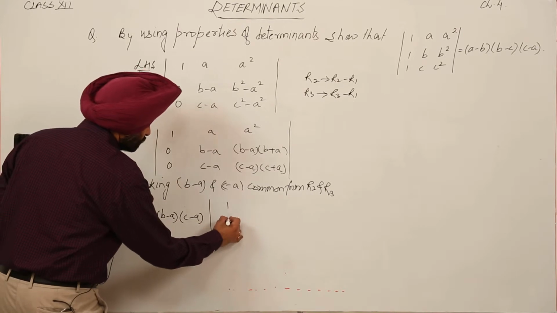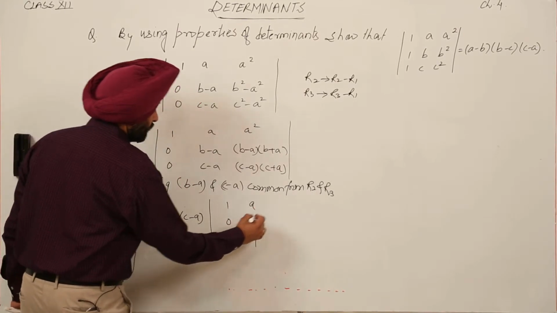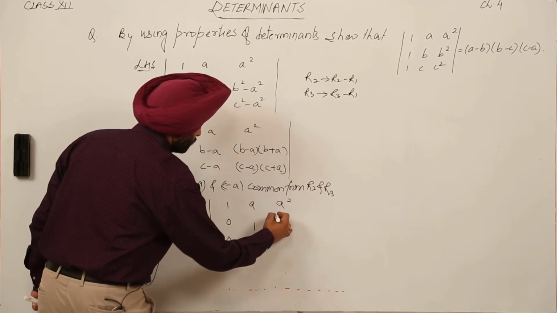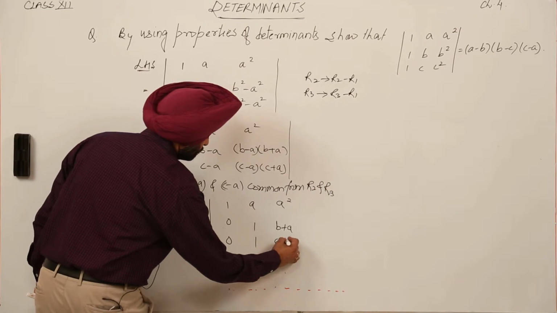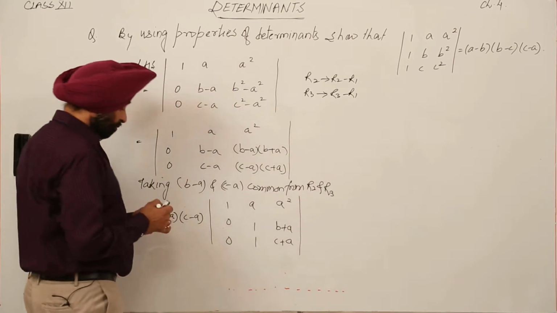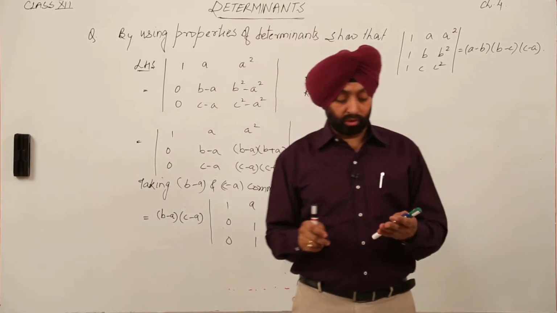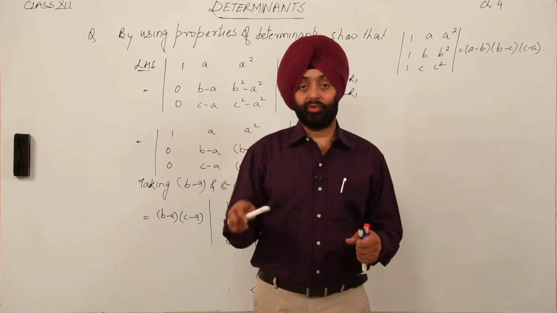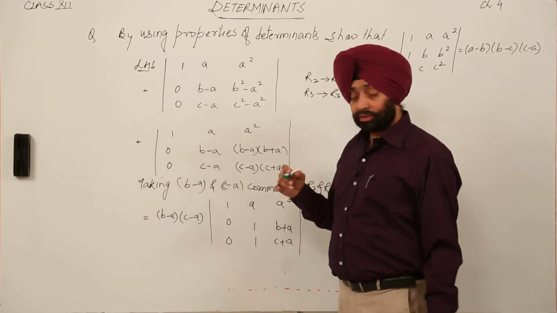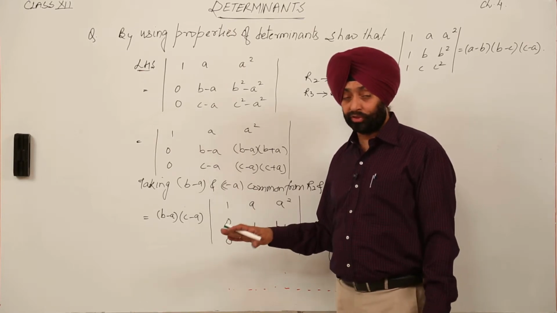It is 1 0 0, a 1 1 and a square, b plus a and c plus a. Now when we are getting two zeros in either a row or a column, then expand the determinant. Need not apply any further operation, because if you are trying to apply one more or two more operations, one more operation you can do.